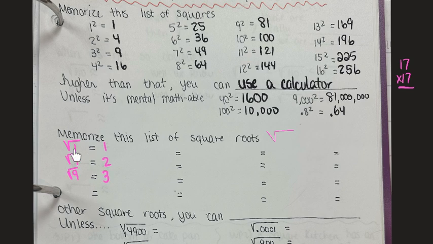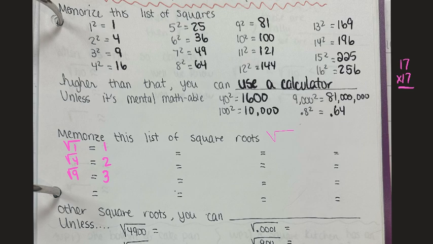So whatever is underneath that symbol, it takes 2 of these to make the number under the symbol. But the answer is just 3. It's not 2 of them, it's just 1 of them. The square root of 9 is 3 because 3 times 3 is 9.